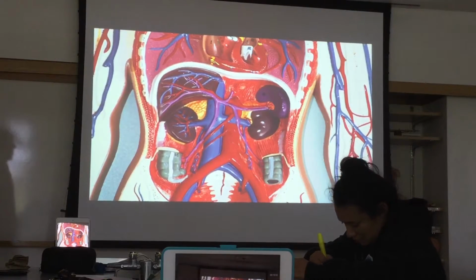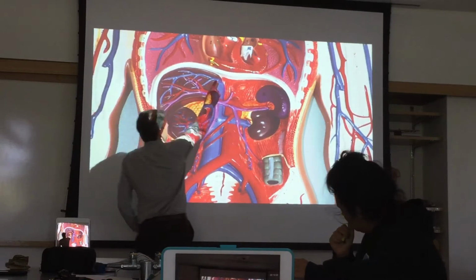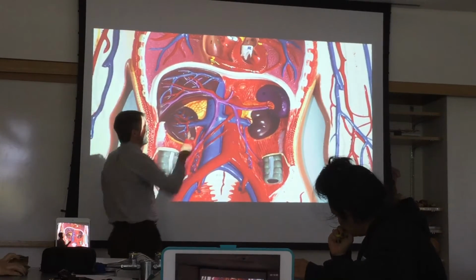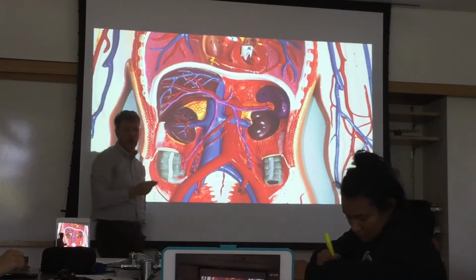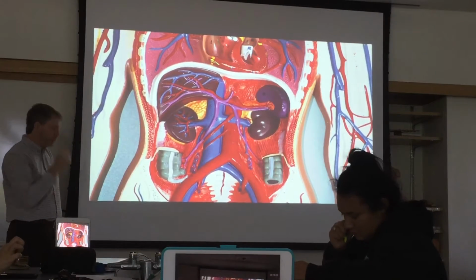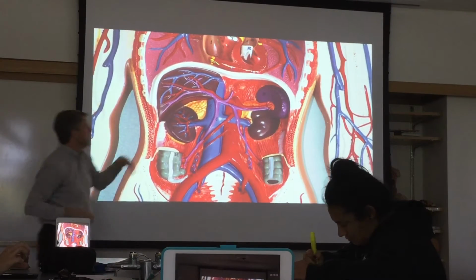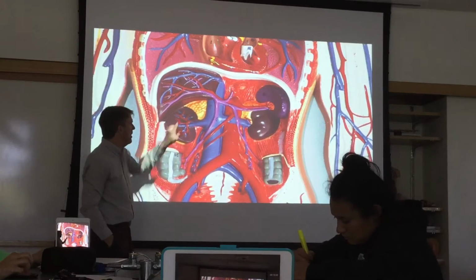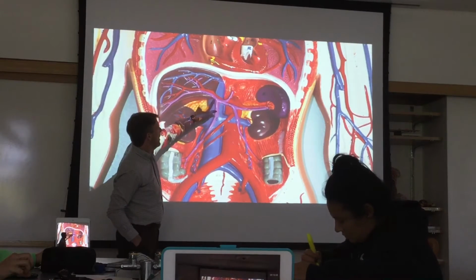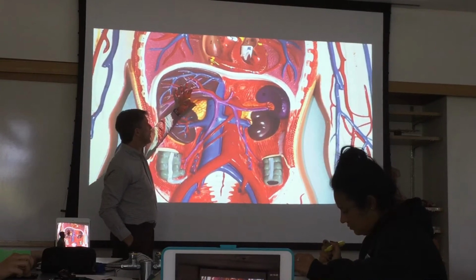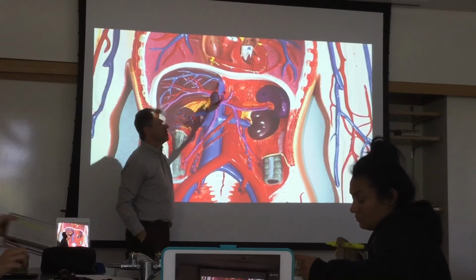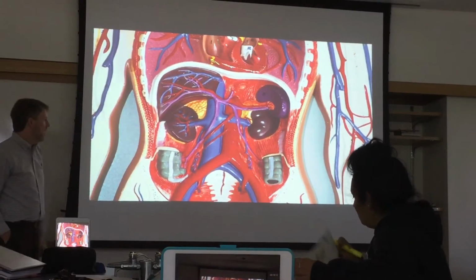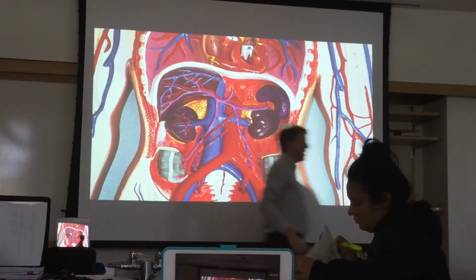So make sure that if I point to this, you don't put in the word portal, and make sure if I point to that, you do put in the word portal, okay? So there's two ways for blood to get into the liver, the hepatic artery and the hepatic portal vein, and then there's one way for blood to get out of the liver, and that's the hepatic vein. That's right there.